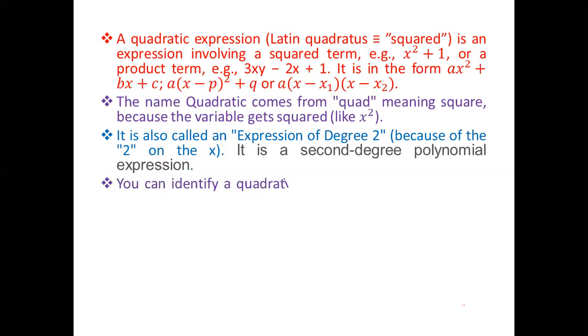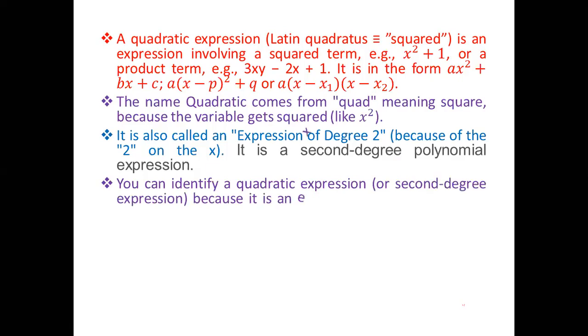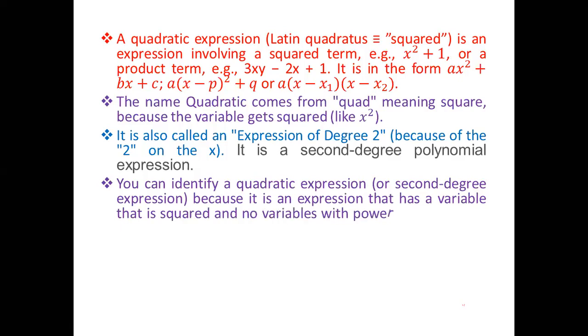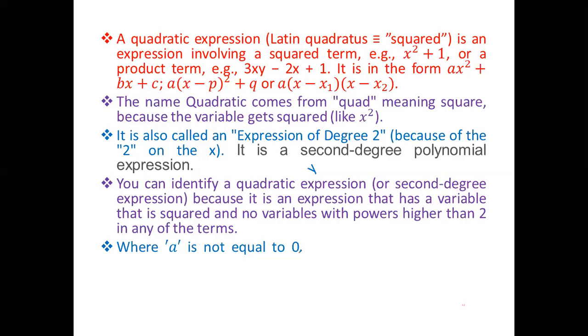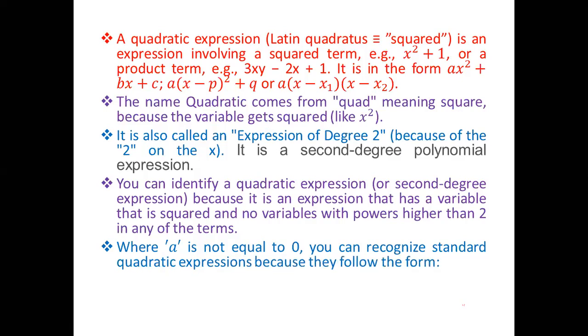You can identify a quadratic expression, or second degree expression, because it has a variable that is squared and no variables with powers higher than 2 in any of the terms. Where a is not equal to 0, you can recognize standard quadratic expressions because they follow the form ax squared plus bx plus c.